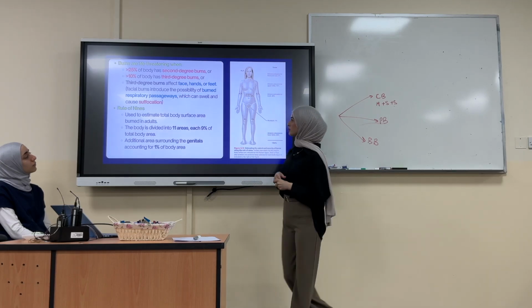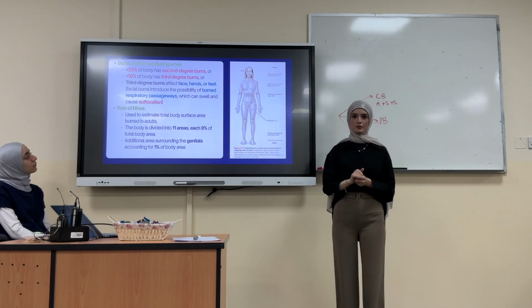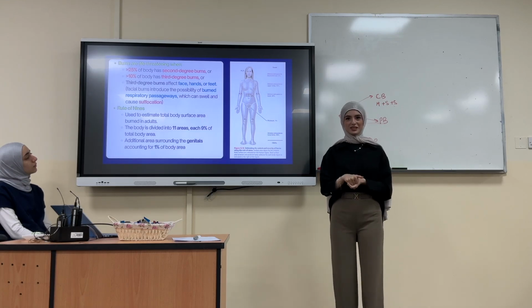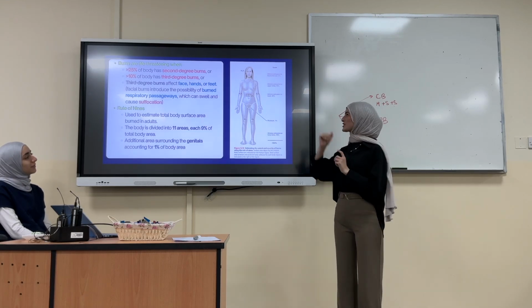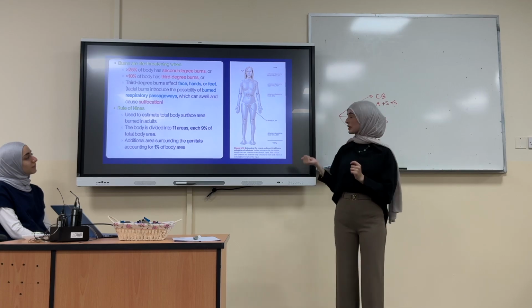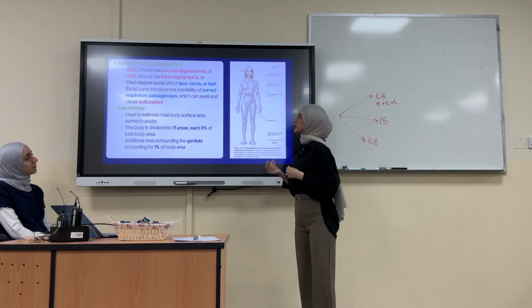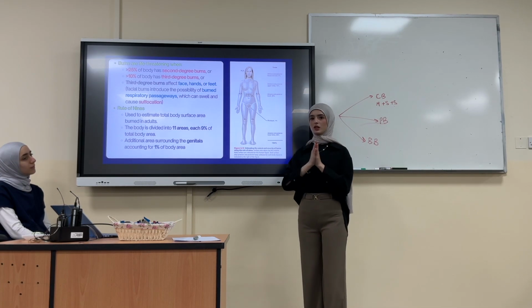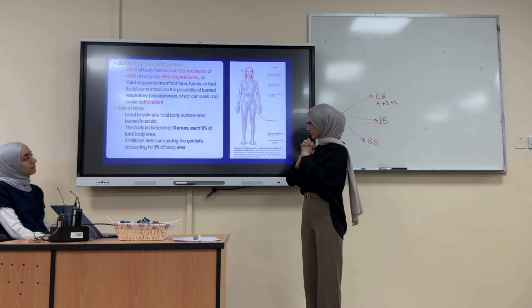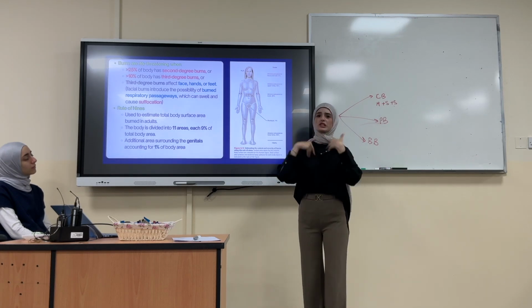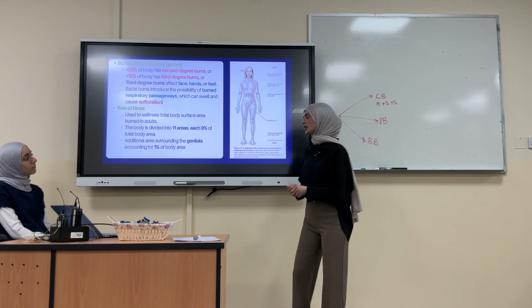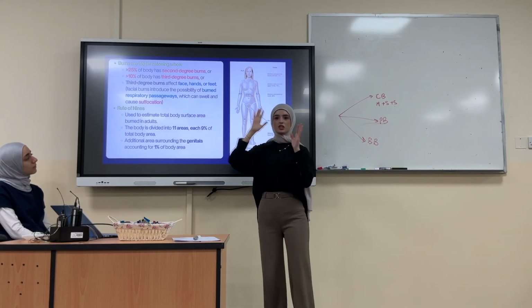Alright, we have what we call the rule of nines. Important. You can get so many questions about this in the exam. The rule of nines is used to estimate the total surface of the body that is affected by burns in adults. The body is divided into 11 areas.